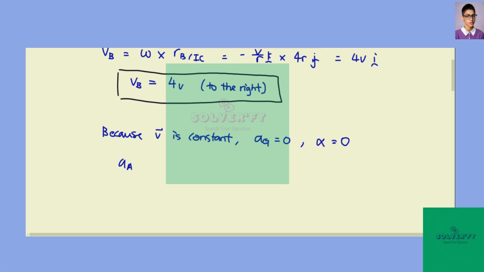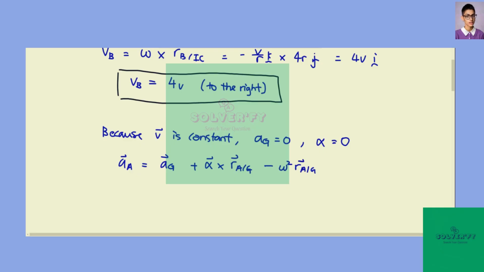So using the relative acceleration equation, relative to G, AA equals AG plus alpha cross position vector of A relative to G minus omega squared times the position vector of A relative to G.